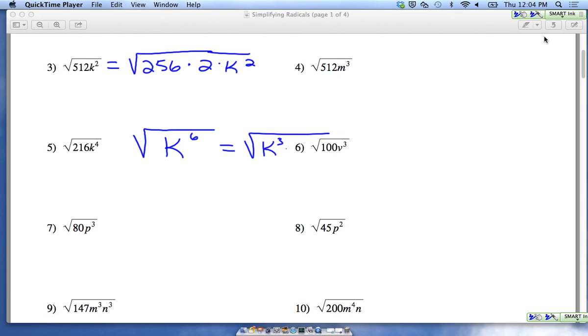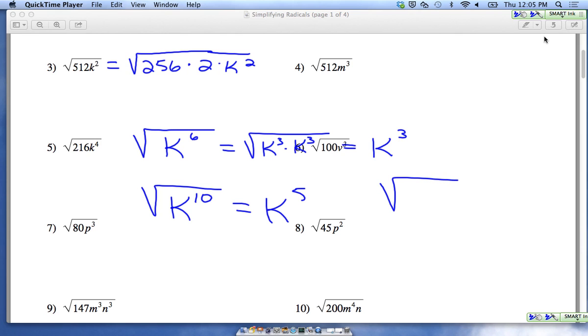This would be k cubed times k cubed. So anytime you have a number times itself, it's a perfect square. So the square root of k to the sixth power would be k to the third outside of the radical. So when the power is even, you simply divide it in half, and the square root of this would be k to the fifth.